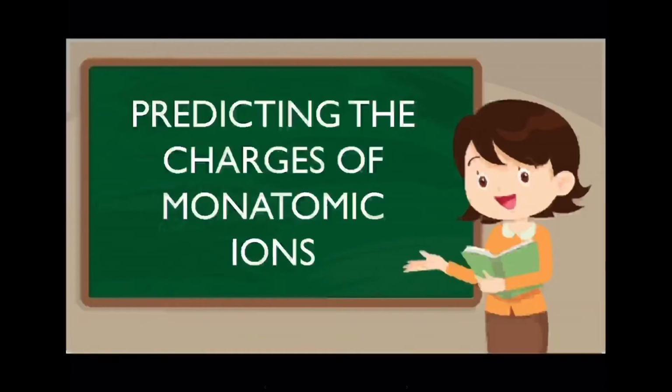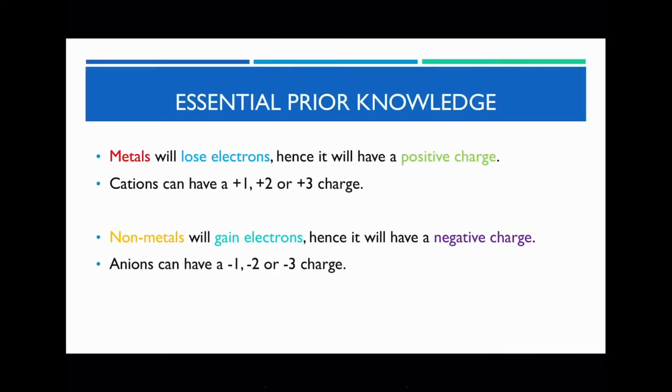So what we're going to be doing now is predicting the charges of monoatomic ions. We need to have some essential background knowledge before we can proceed. We already know that metals have a tendency to lose electrons, and because they want to lose electrons, they will often have a positive charge when they form an ion.